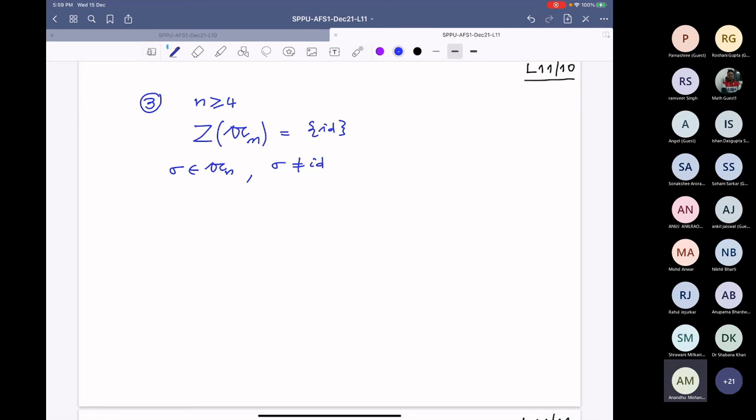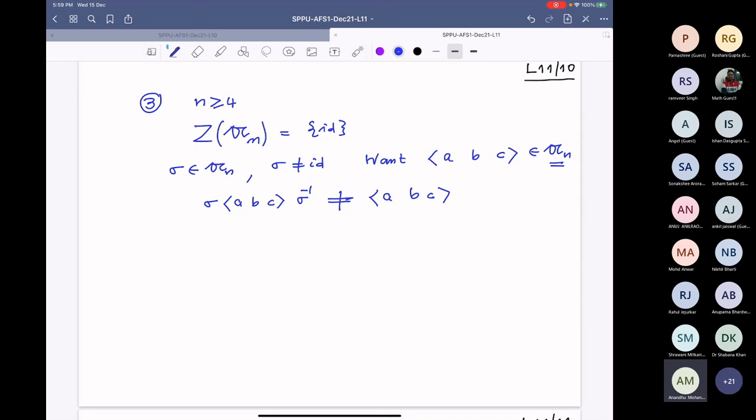So I want a 3 cycle ABC, because 3 cycles are in AN, and I need to produce an element in AN, so that this sigma doesn't commute with this. So that means sigma ABC sigma inverse should not be equal to ABC. This is what I want to produce.